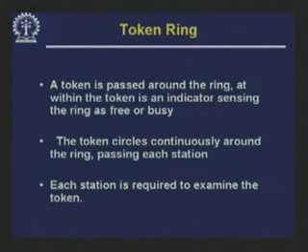So in a token ring, like a token bus, a token is passed around the ring, and within the token is an indicator showing whether the ring is free or busy. If that token is busy, that means some frame is being communicated at that time. The token circles continuously around the ring, passing each station. Each station is required to examine this token.